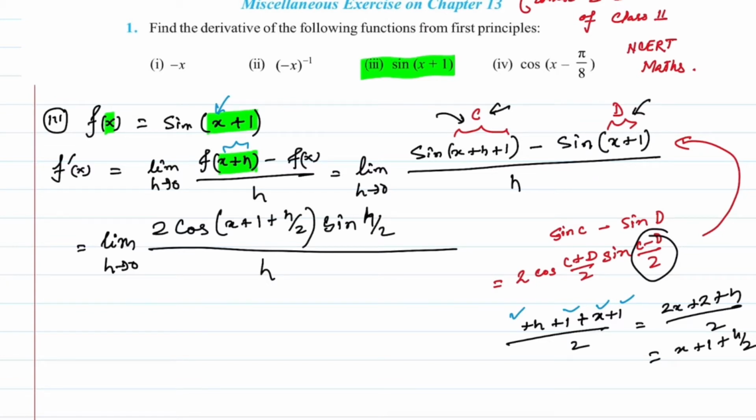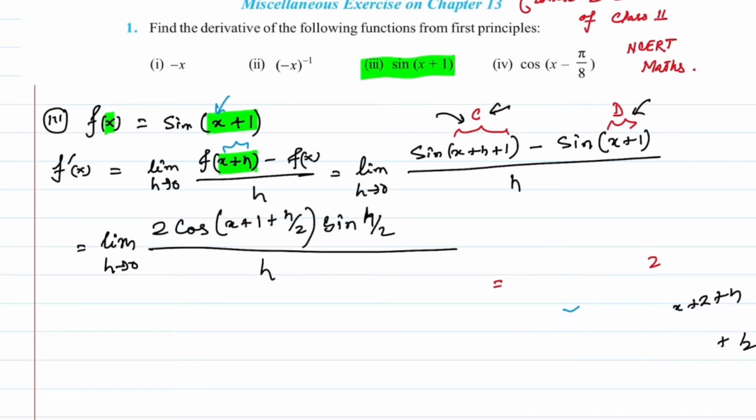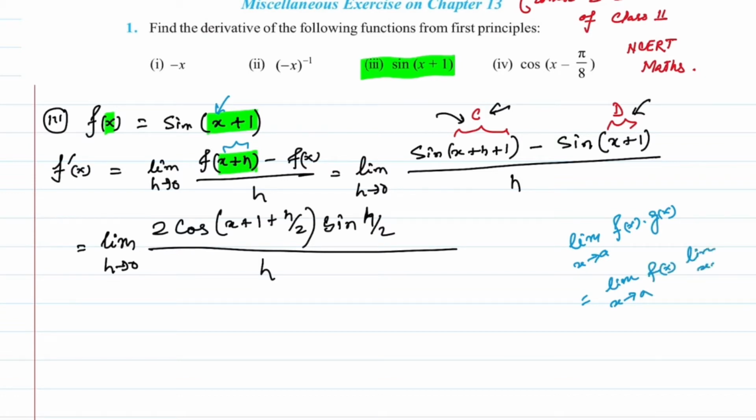Now suppose we have the limit of a product of two functions f of x into g of x, as x tends to a. Then we can write this, this is simple algebra, as the limit as x tends to a of f of x times the limit as x tends to a of g of x.